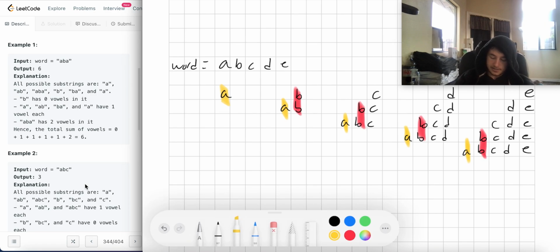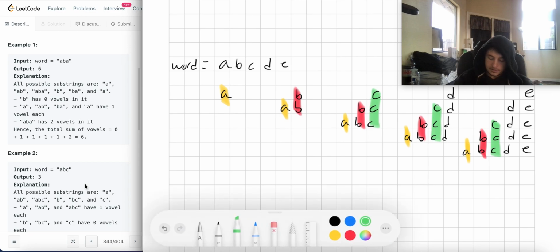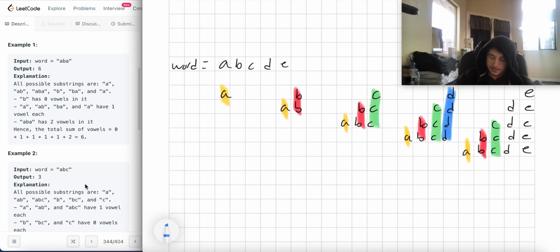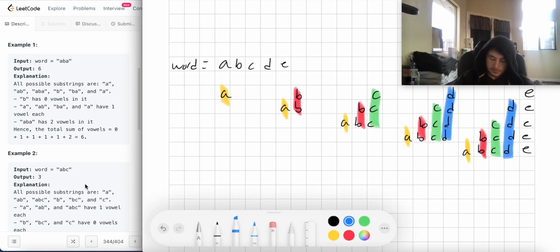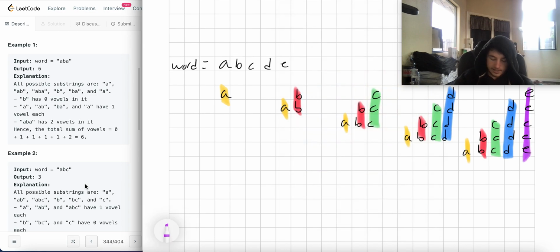C is here, and here, and here. D is here, and here. And E is here, all alone.